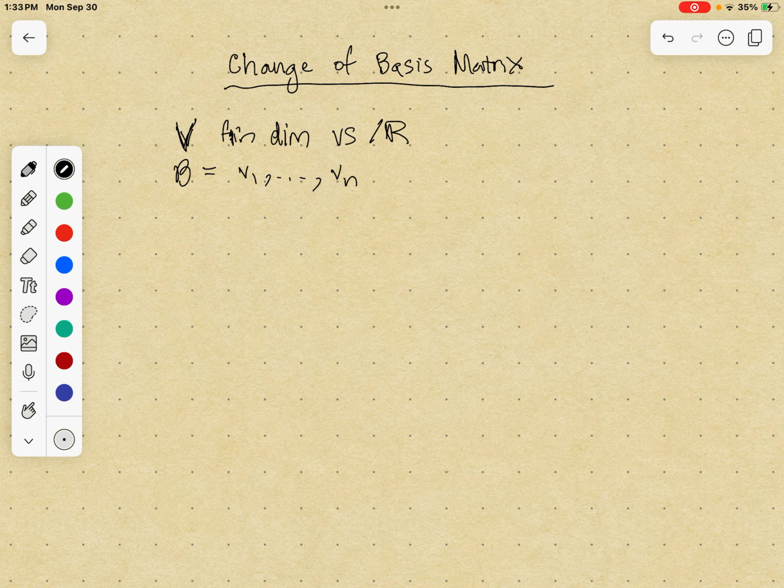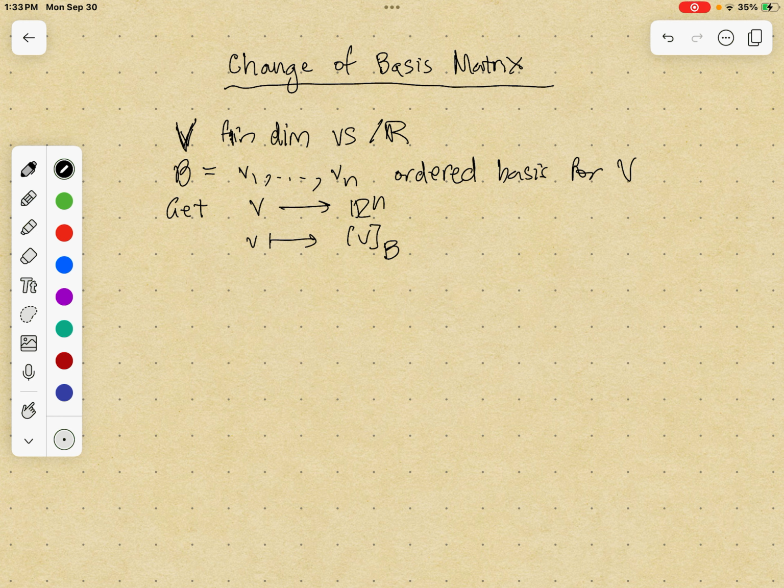Okay, that's an ordered basis for V. Well, when you have one of those, this defines a map from V to Rn that takes a vector in V and maps it to the coordinate vector of V relative to the basis B. So you can have this picture.